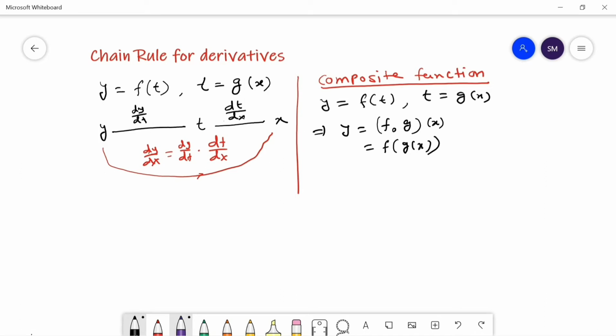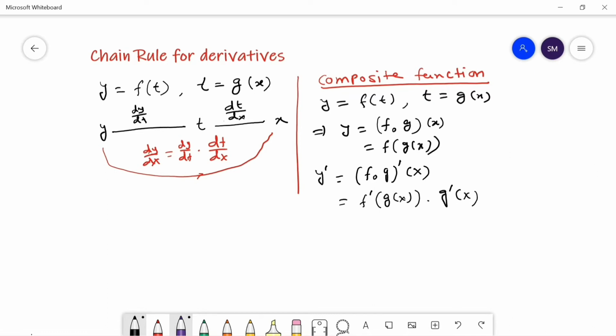So in this case, the derivative y dash is equal to (f composition g) dash x, which is equal to f dash of g x multiplied by the derivative g dash x. So these are two forms of the chain rule.